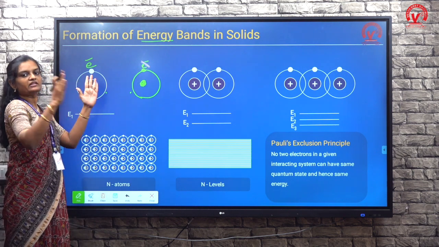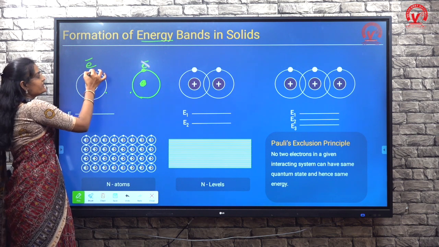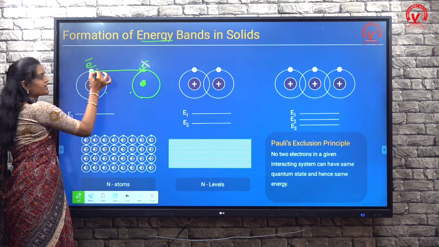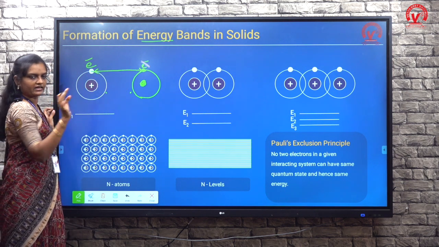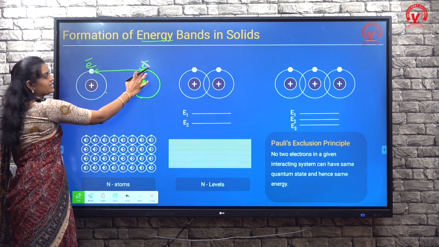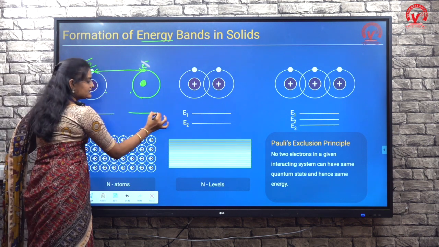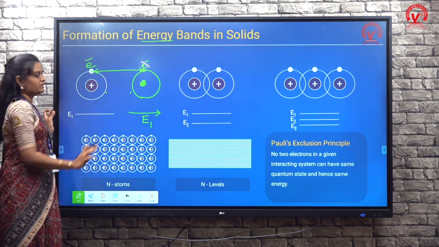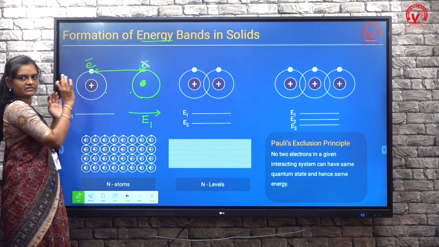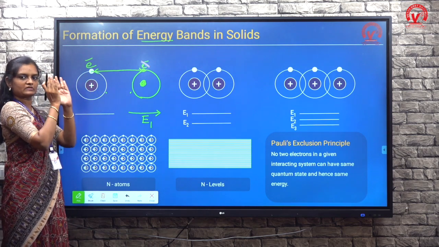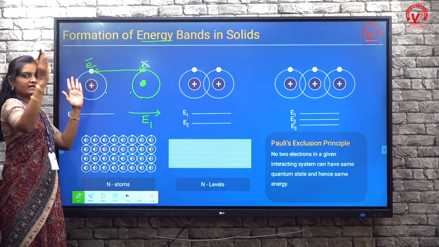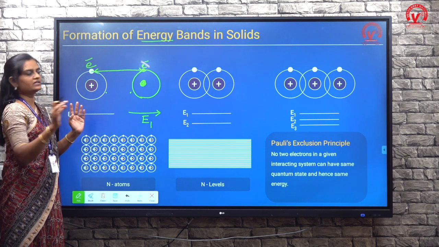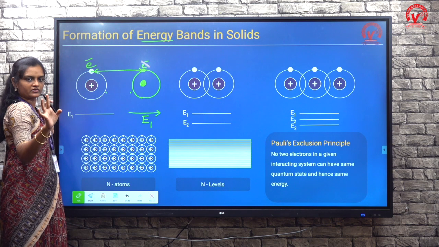When two atoms are at a far distance, the energy level corresponding to this electron and to the other electron will be the same. It is E1 only. When it is an isolated atom, it possesses the energy level E1. When another atom is kept separated, it also possesses energy level E1.